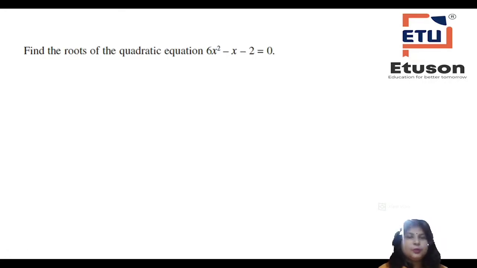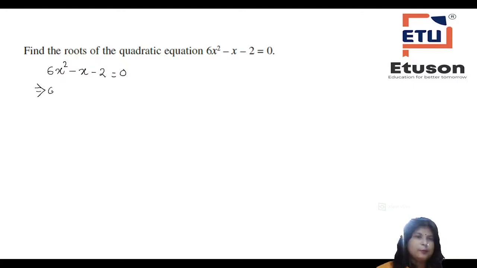Find the roots of the quadratic equation 6x square minus x minus 2 is equal to 0. So here the product is equal to minus 12x square and the summation is minus x. So let us write down the equation as it is: 6x square minus x minus 2 is equal to 0. So 6x square into minus 2, it is minus 12x square and summation is minus x.